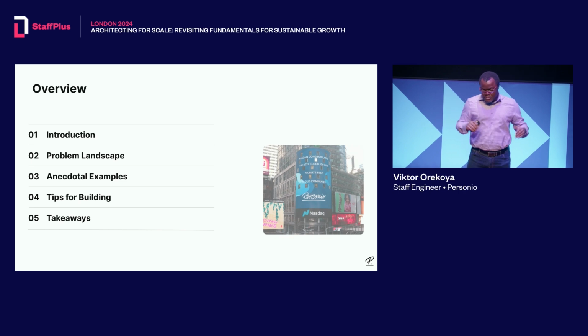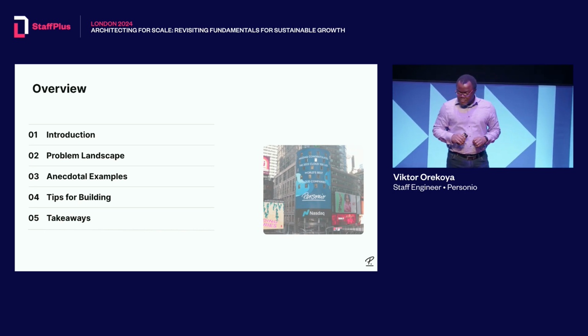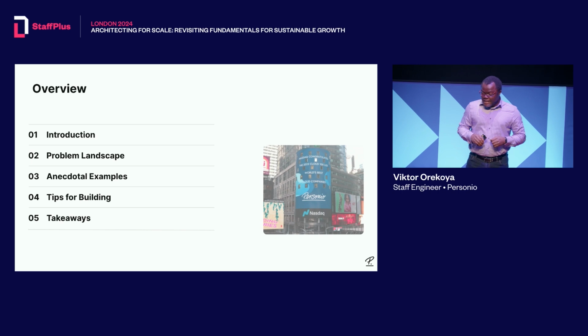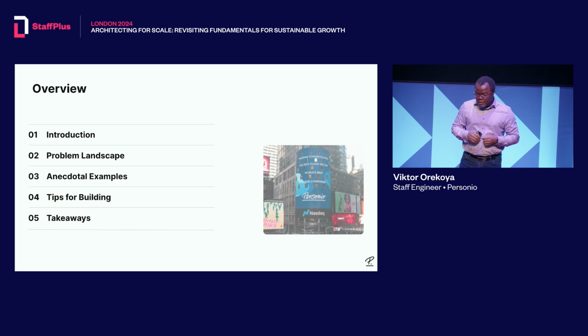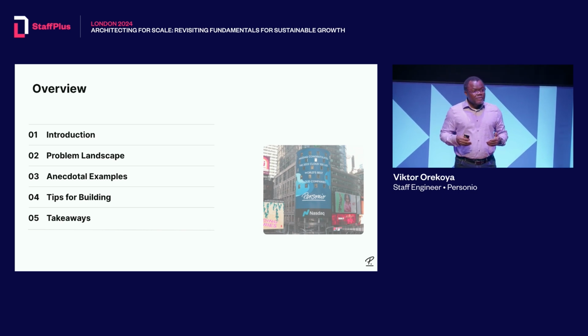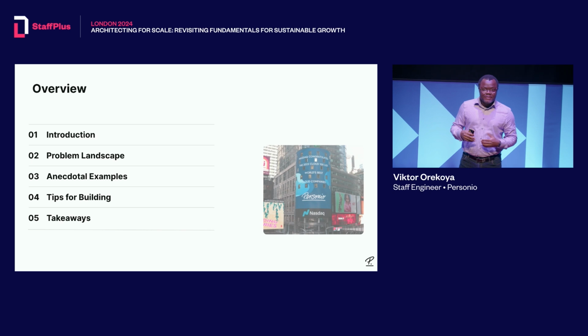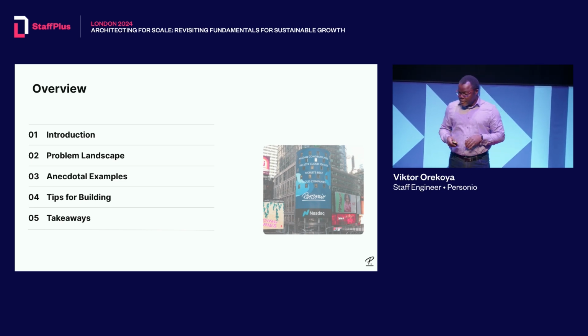And then we'll go through some anecdotal examples. Granted, these were carefully curated by me, but each one is selected to talk about a particular facet of the issue. And then I'll share with you some of my tips for architecting for scale, whilst thinking about simplicity. And then we'll summarize.